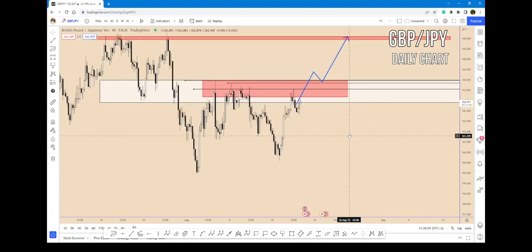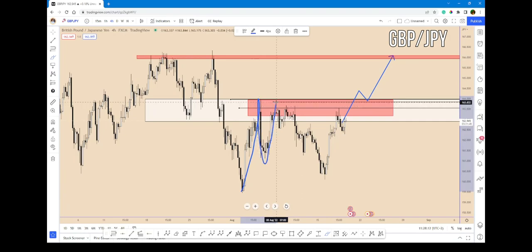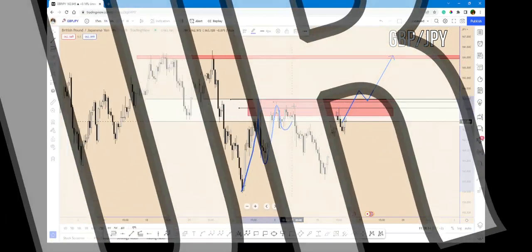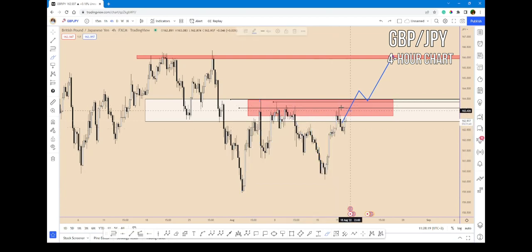On the hour time frame, what is visible for us is that price is making a 1, 2, 3 movement. It came down as a 5-wave movement here, and now the British pound created this strong wave that is probably going to test the pattern that we are looking at. What can happen from this point is that I'm expecting the price to come down within the area that we pointed out.